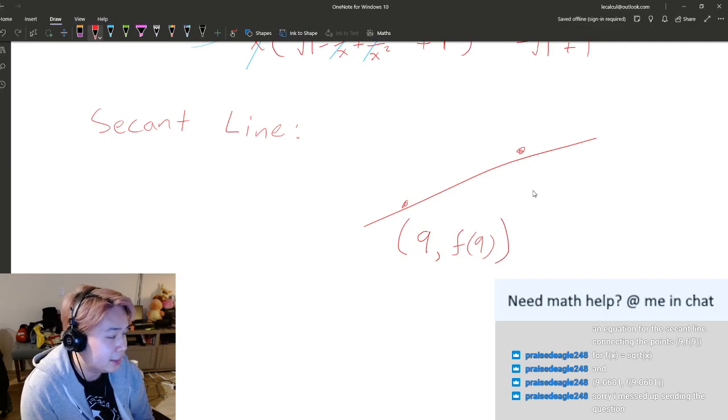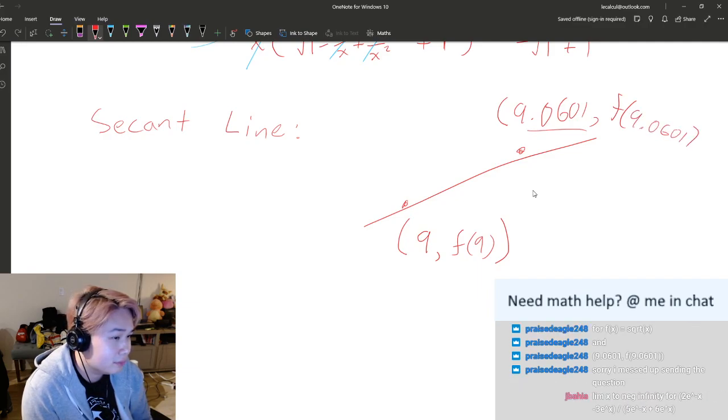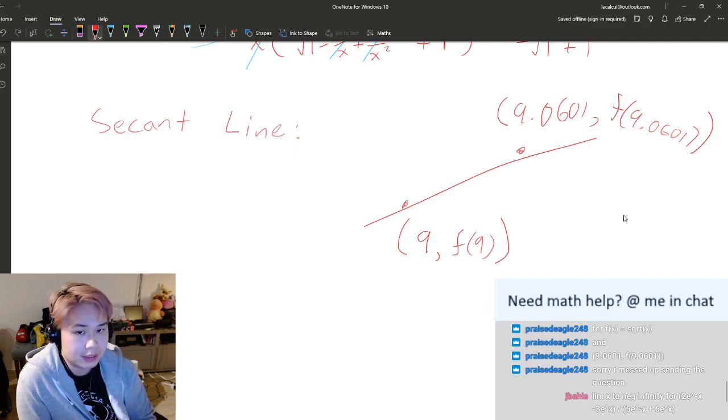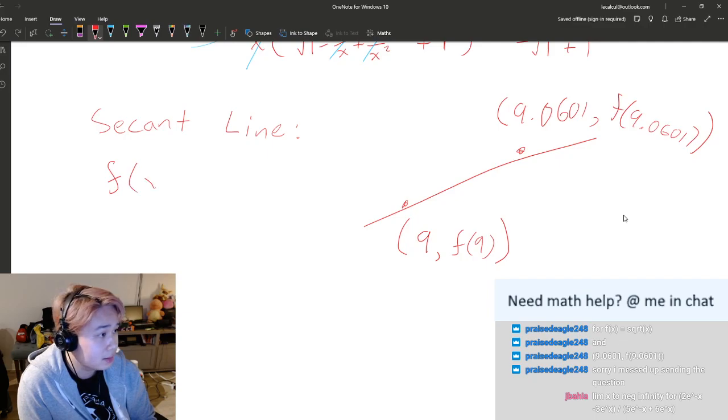And then here's your other coordinate, which is 9.0601 and f at that x value here. And of course you know what your function is. Your function is the square root of x.